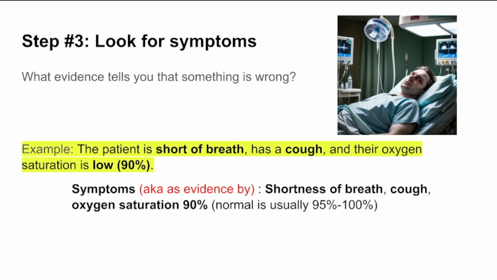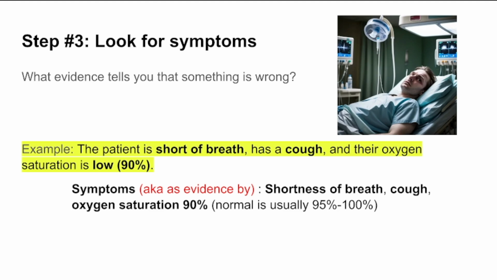So usually here, we want to know the vitals, what is normal for the patient. So knowledge jumps in here, and we know that 90 for oxygen saturation is on the lower end. So symptoms as evidenced by is shortness of breath, cough, oxygen saturation is 90%, which is usually supposed to be 95% to 100%.